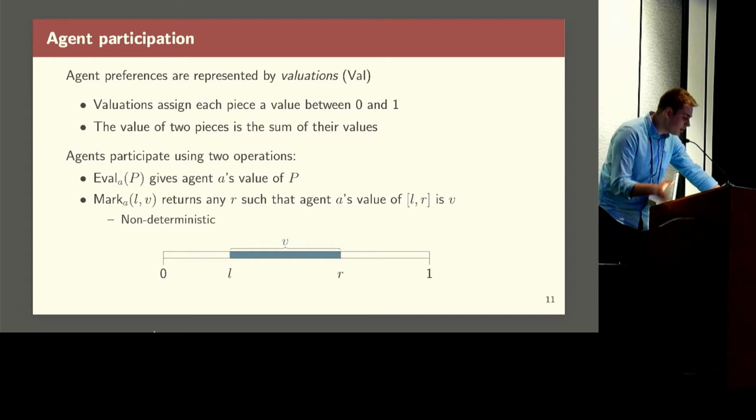The second one is a little more complicated: mark A of a left endpoint L and a value V returns any right endpoint R such that agent A's value of the piece from L to R is V. So if you look at the picture at the bottom, you plug in L and V and you get R. Now this last one's a little more interesting because there might be more than one such R for which this holds. So it's non-deterministic, and we like to be able to handle that as well.